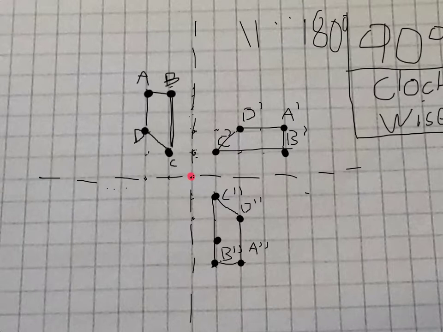And so we know C is 1 left and 1 up. So this new C point would be right there. So that would be C prime prime prime.